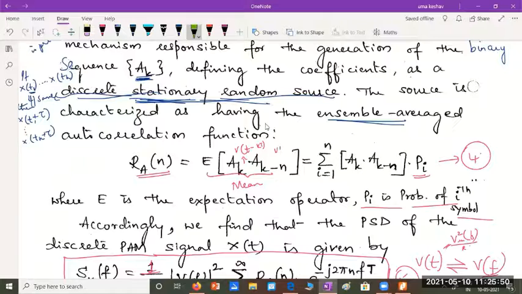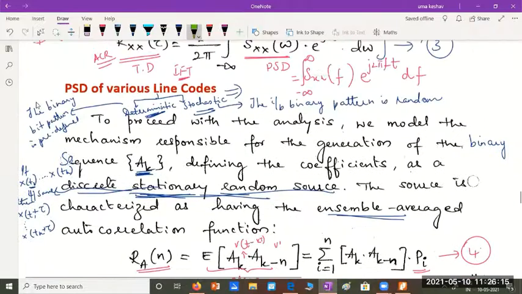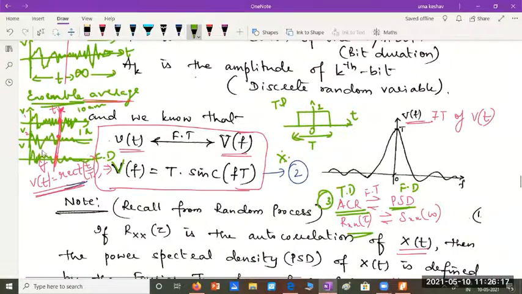And this source is characterized by having an ensemble averaged autocorrelation function. Again, these are just terms. If you know the meanings, it is well and good. Just so that you shouldn't feel that they are just bare terms, I have explained in detail the meaning of each of these. Ensemble average versus time average, I had explained. Ensemble average is something which is taken over a set of readings, a set of waveforms.